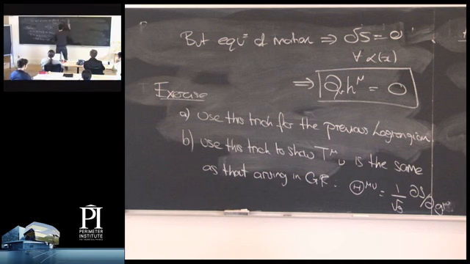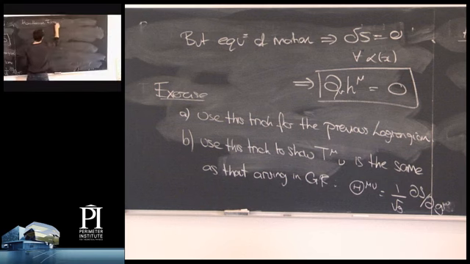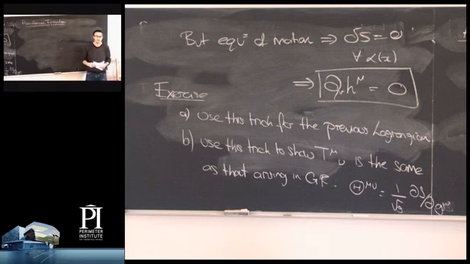Okay, so the last thing I want to do is the Hamiltonian formalism. Okay, so far we've been working with the Lagrangian formalism, but you all know how to go from Lagrangians to Hamiltonians, and it's exactly the same in field theory as it is in particle mechanics.